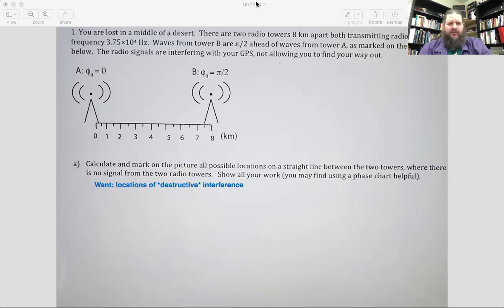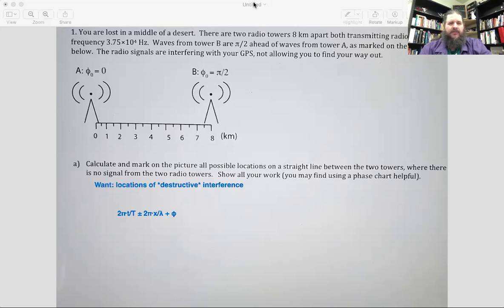Inside the sine function, we just got this 2 pi t over period plus or minus 2 pi x over wavelength plus phase constant. And if we're analyzing interference, either constructive or destructive, what we really care about is the difference in total phase, which could be written as capital phi.